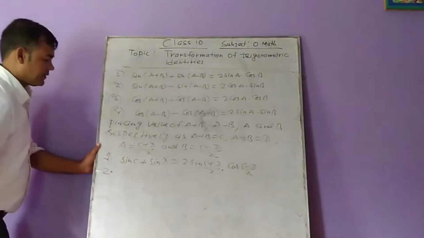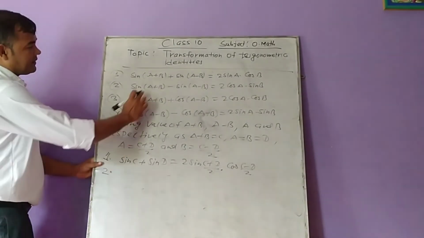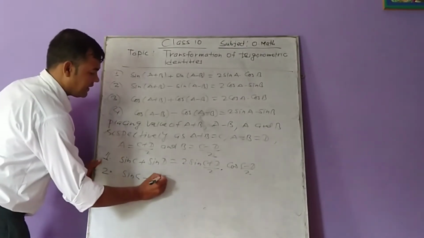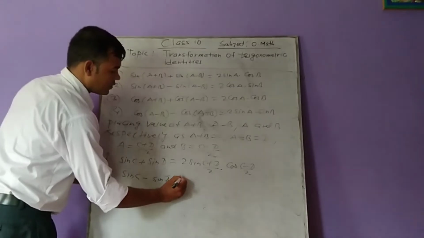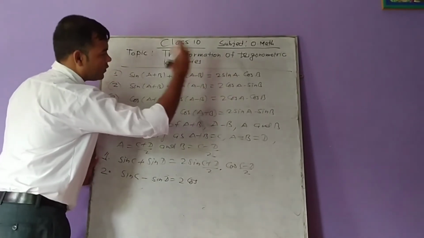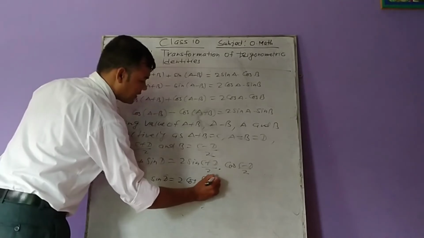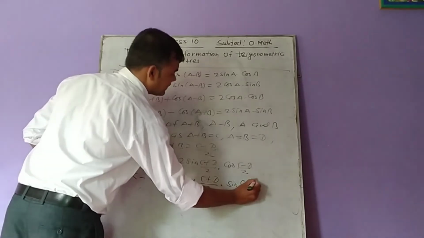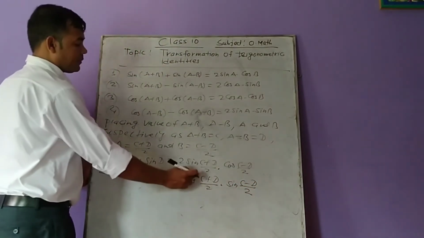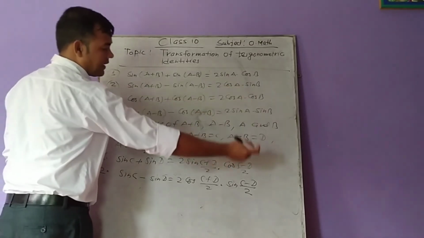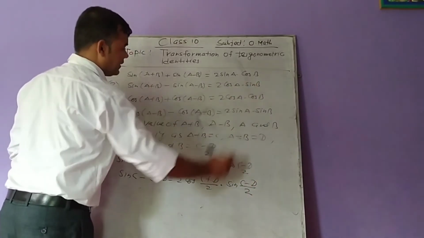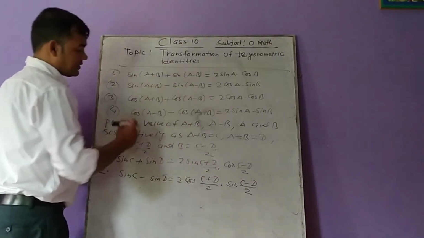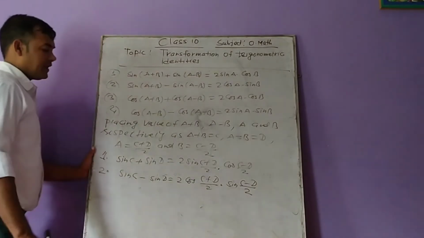In the same way, second relation, we can write here sin C minus sin D is equal to 2 cos((C+D)/2) into sin((C−D)/2). This (C+D)/2 is used for A and (C−D)/2 is used for B. And how these values have been obtained, you can see in the starting calculation for A and B.